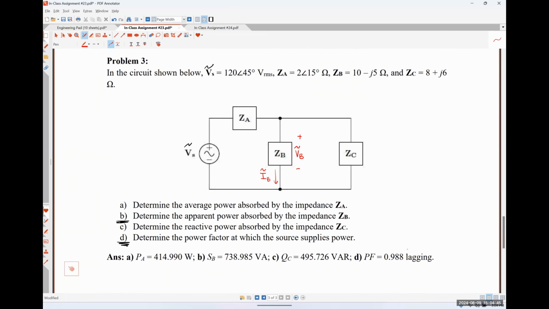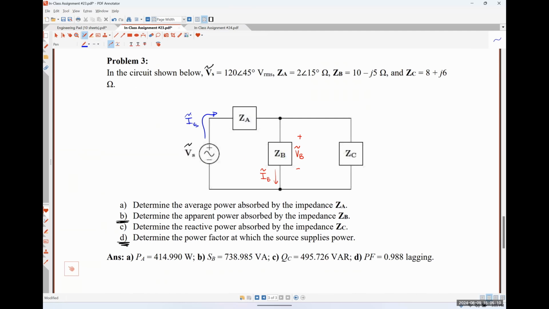For us to determine the power factor at which our source is supplying power, we're going to need to know the current leaving the positive polarity terminal of our voltage source. So those are the two things that we're trying to find, okay?